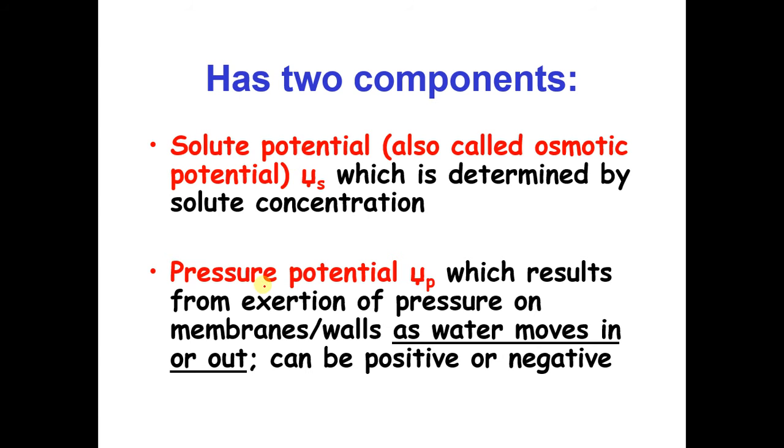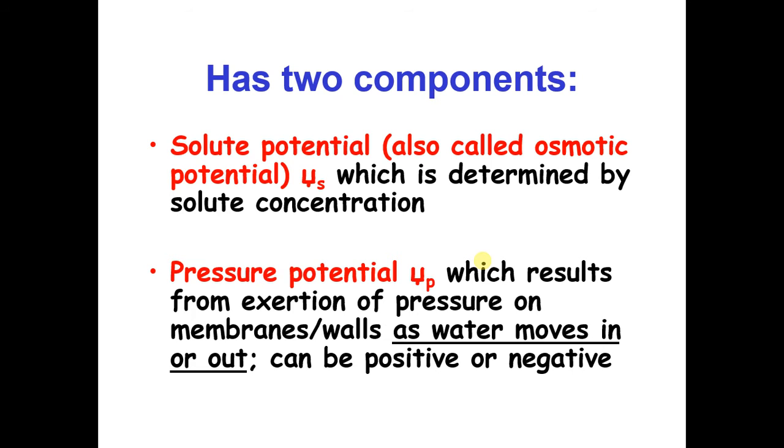And then the other part is called the pressure potential, or psi sub p, which results from pressure being exerted on the membrane or the walls as water moves in and out. So think about it as you're filling up a balloon with air, the balloon starts to push back on the air you're putting in there and that creates pressure. That's kind of like the pressure potential.